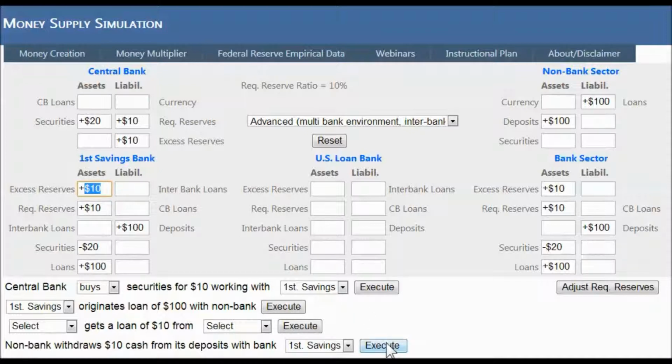If we click here, First Savings loses the excess reserves. The deposits of the customers go down to 90, and M1 now consists of 90 deposits and 10 currency. When we adjust the required reserves, we can see that required reserves are now 9 and excess reserves have gone down to 1.